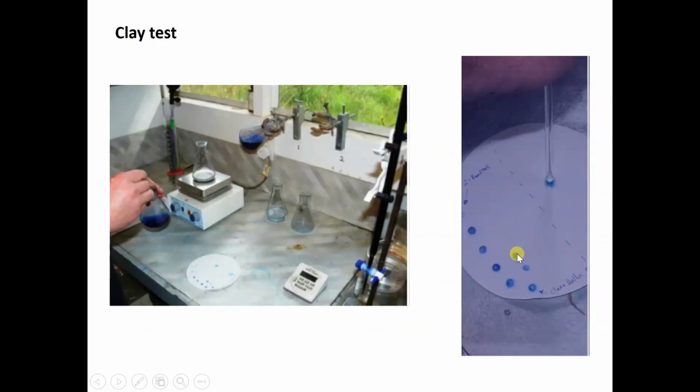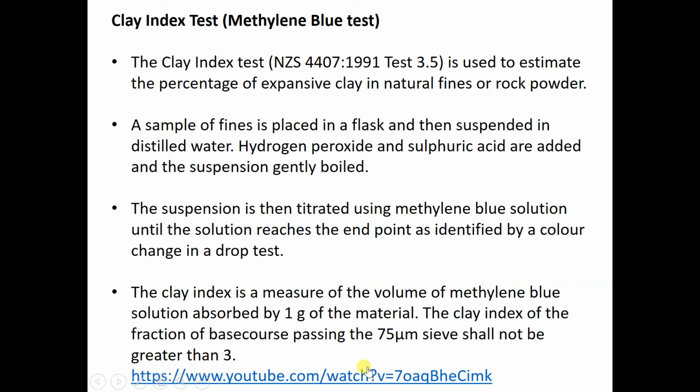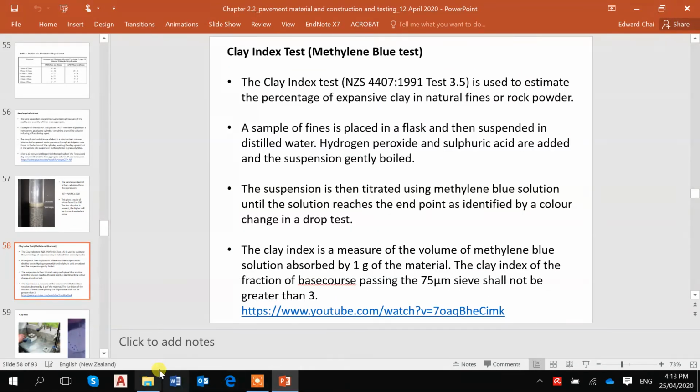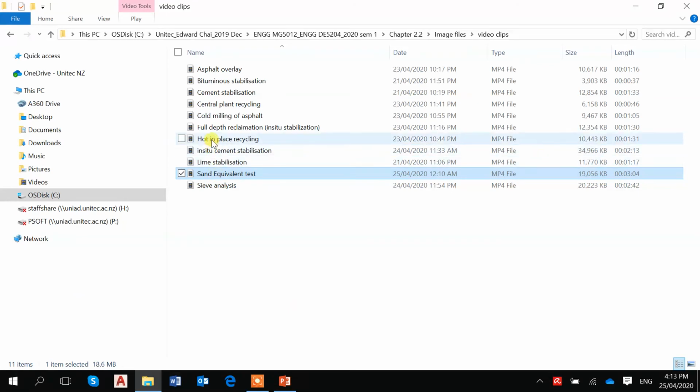So we have this clay. They put the things in the solution and on the piece of paper here. So we just look through the clay index experiment. Where is that? Full depth core milling center plant.